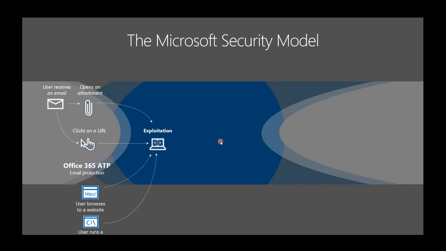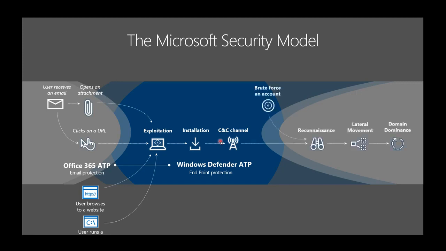For your endpoints, that is your end user devices, you have Windows Defender ATP. And lastly, for your servers and your IT infrastructure, you have Azure ATP. All of this together forms the advanced threat protection solution that comes as a part of your Enterprise Mobility and Security suite at three different layers.